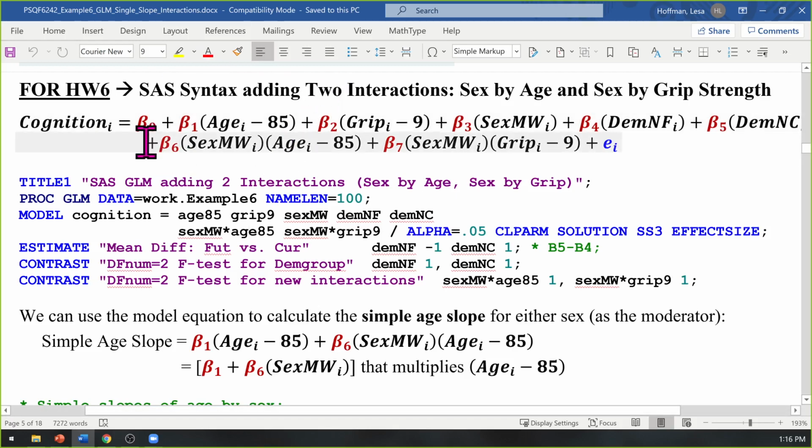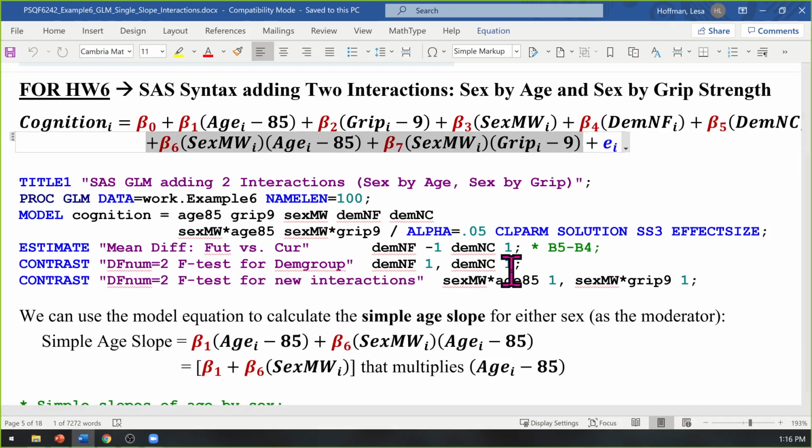So I have added 2 interaction terms. I'm looking at whether or not my binary gender predictor interacts with age and whether it interacts with grip strength. So conceptually, one way to think about it is, do men and women have the same effective age in predicting cognition?